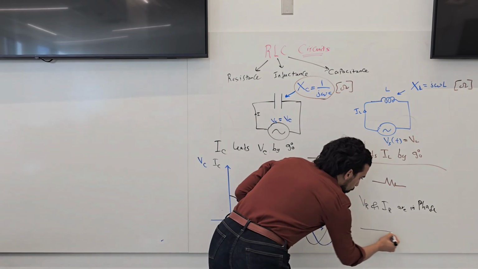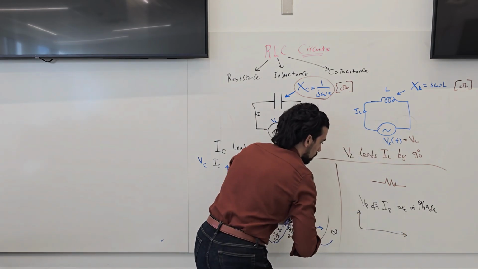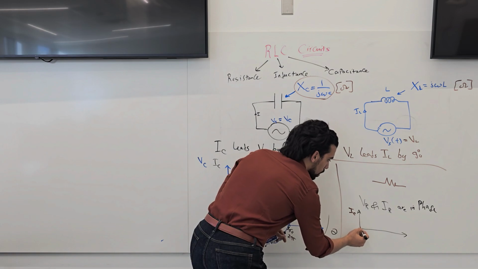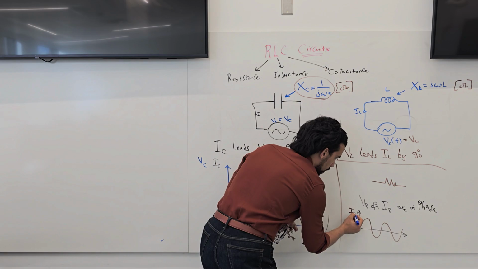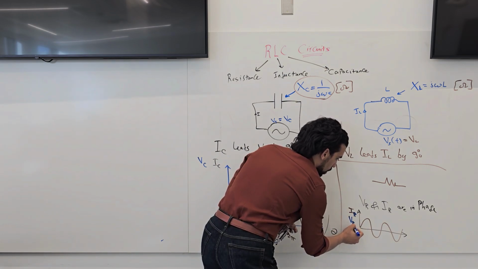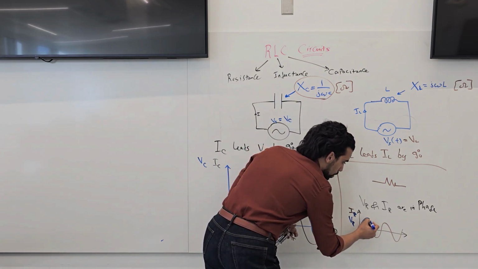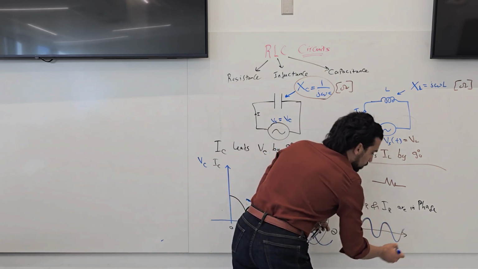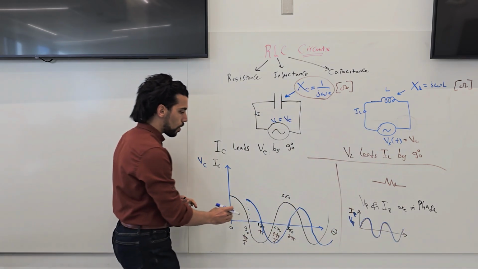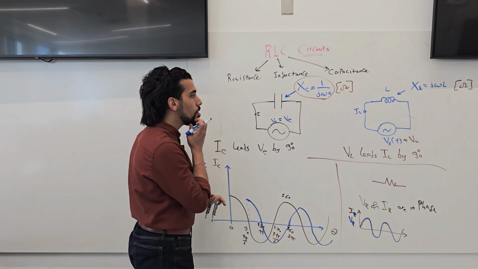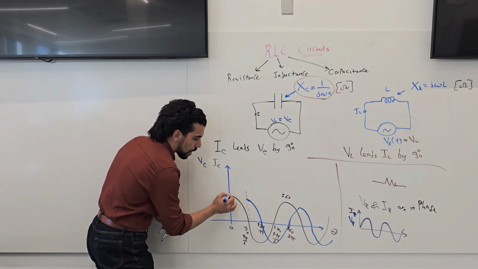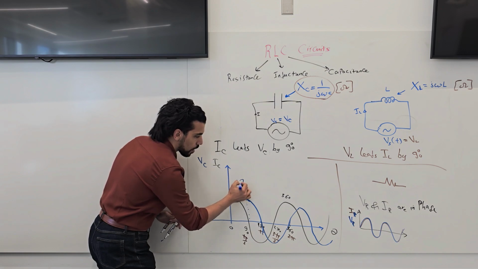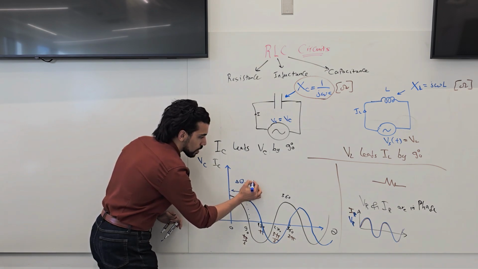So in this case, if you draw the current and voltage here, the current is going to be like this, and the voltage also is going to be the same, maybe different values, but the same. They are in phase. There is no phase difference. So here, if you put a point at the peak here and a point at the peak here, the difference delta theta is equal to 0 degrees.